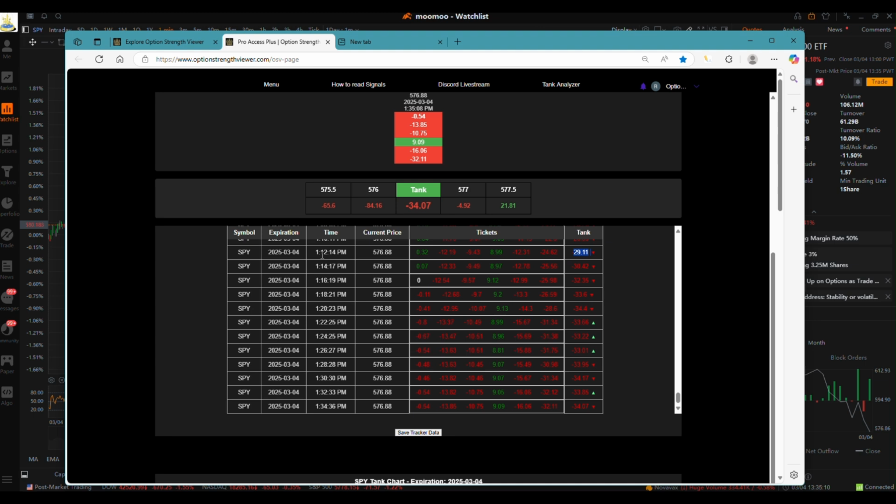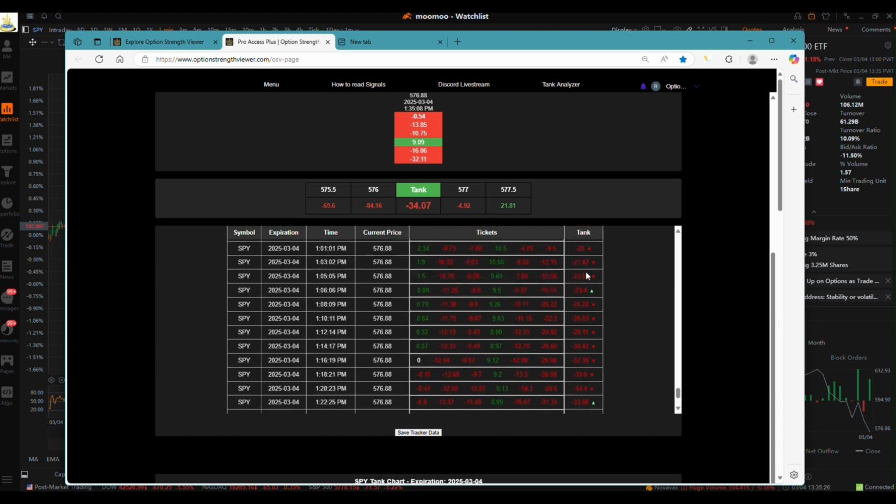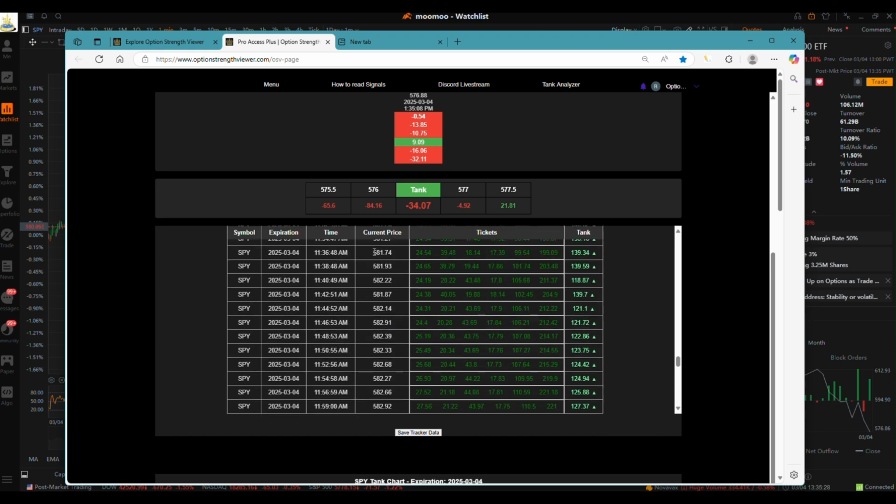So in this example at 11:12 Pacific time, 576, the strength is at put. It is minus 29 strength. Not necessarily a strong put strength, but that's what that is. 581 at 11:36 a.m., the strength of call is 139.